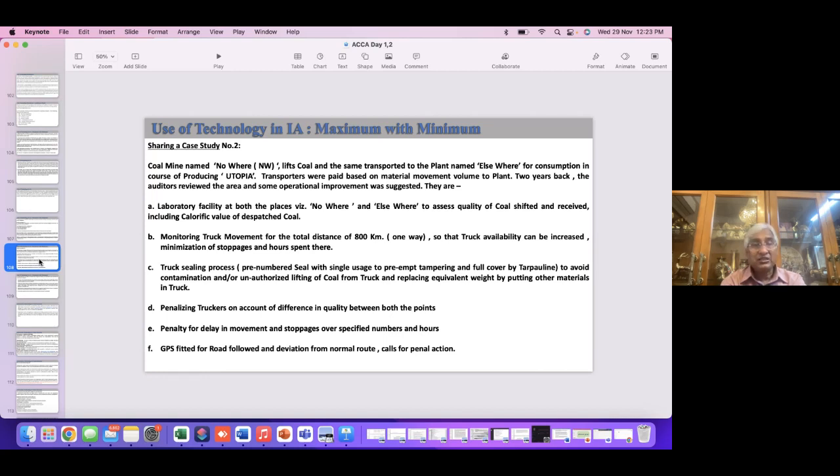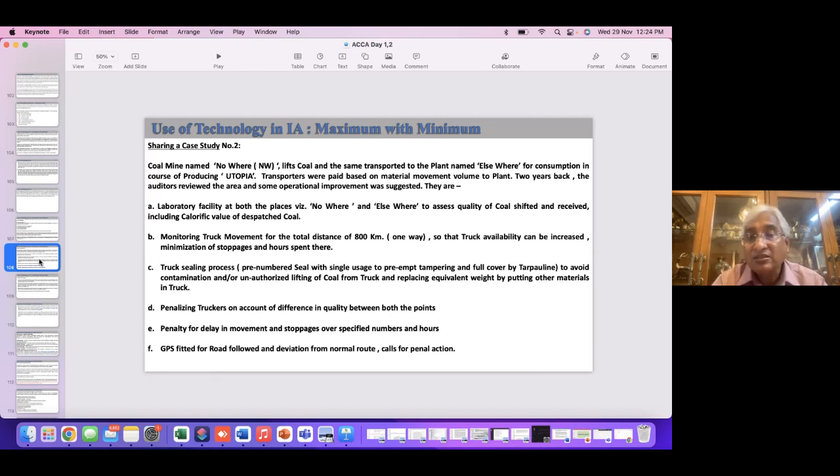Those improvement points are: laboratory facility at both places, Nowhere and Elsewhere, to assess the quality of coal shifted and received, including calorific value of dispatched coal; monitoring truck movement for the total distance of 800 kilometers, actually the distance between the two is 800 kilometers one way, so that truck availability can be increased, with minimization of stoppages and hours spent; truck sealing process, pre-numbered seal with single usage to preempt tampering, and full cover by tarpaulin to avoid contamination and unauthorized lifting of coal from the truck and replacing equivalent weight by putting other materials in the truck.